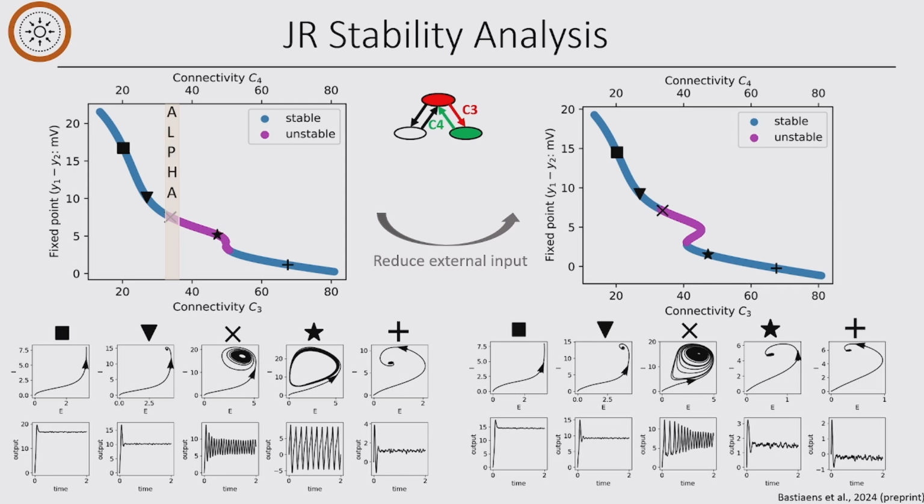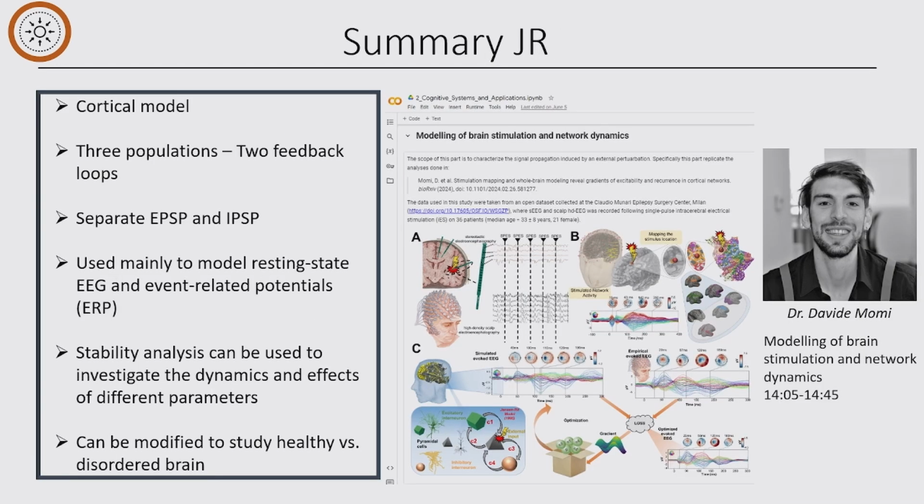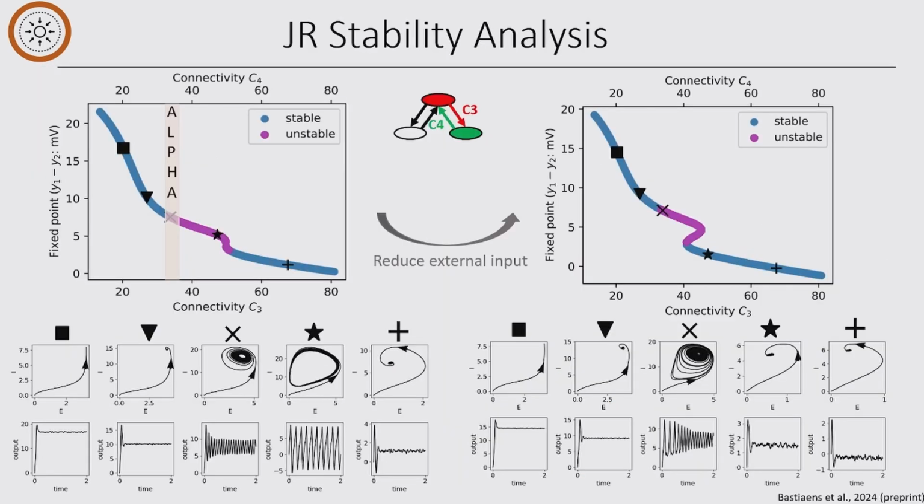And what this means, going in the physiology direction, is if you have, let's say, an intervention that modulates synaptic connectivity, or individual differences in patient populations, where you think there's some difference in the strength of the connections between these population types in your cortical column, then that would imply that their transition to an oscillatory regime would occur at a different location in terms of the connectivity strength parameter.